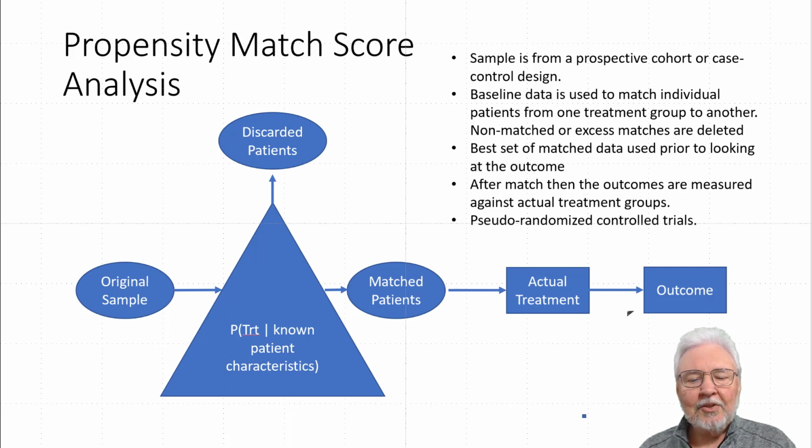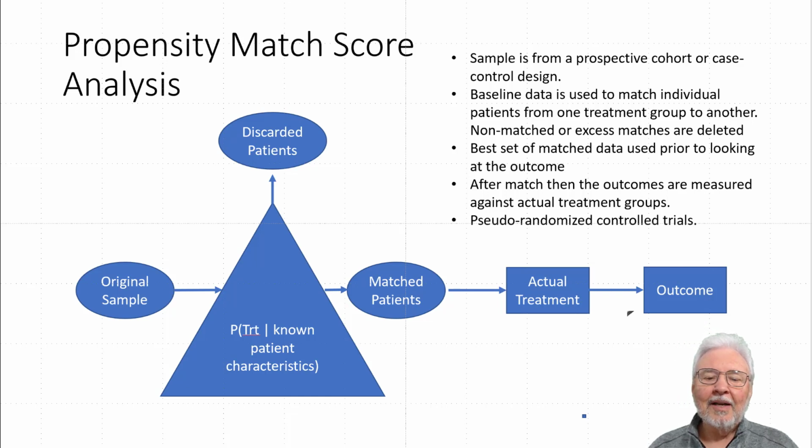So what we did was we took his baseline measures. We said, okay, these patients had aspheric lenses. These other patients had spheric lenses, and then we ran a regression analysis, and we predicted whether the original baseline variables would predict which group they were in, which type of lens.